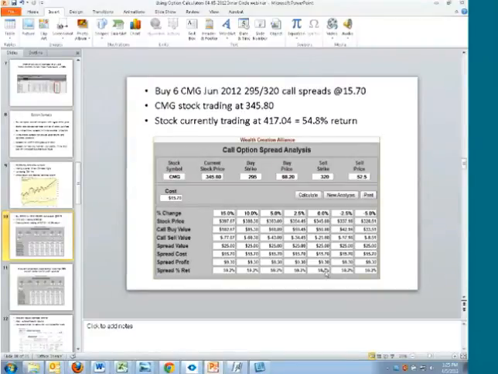That's a great return for an option spread that has downside protection with it, and it allows you to maintain your position during price declines in the stock.